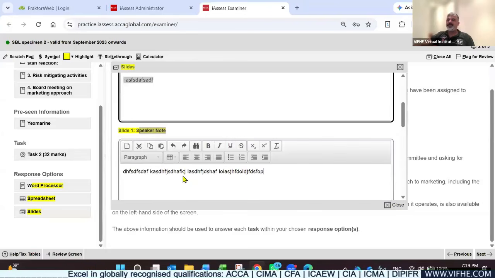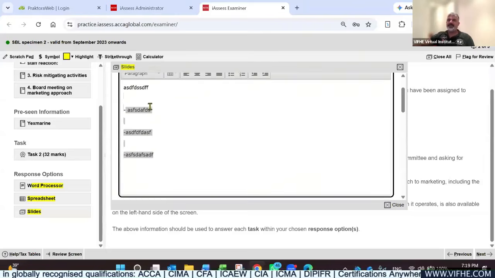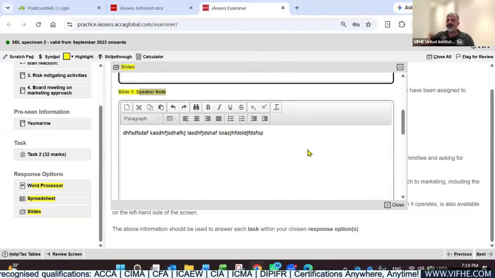So how many paragraphs should I expect to type here? If there are 3 bullets on the slide, how many points do I have to explain? 3 separate paragraphs. Is this clear, guys?